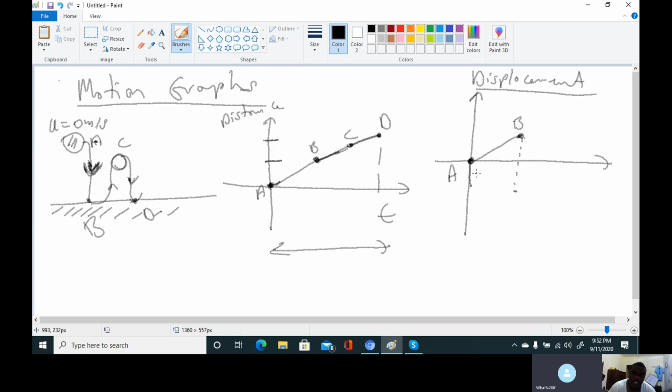the direction changes. So when the ball bounces from A to B, this is it. From B to C, the direction changes, and so the displacement, of course, increases in the opposite direction.